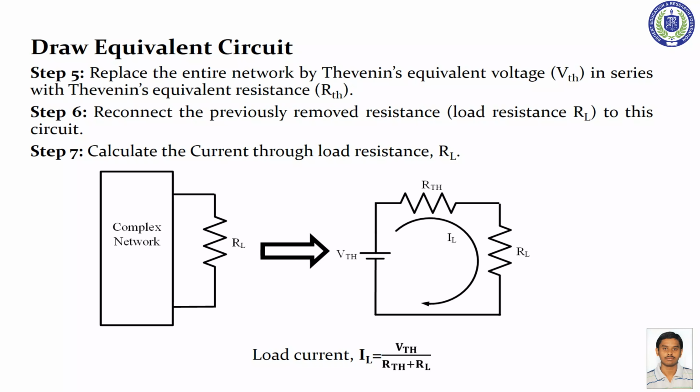RL is known, but the VTH and RTH calculation was shown in the previous slide. Apply KVL to this loop. So load current IL equals VTH divided by RTH plus RL.